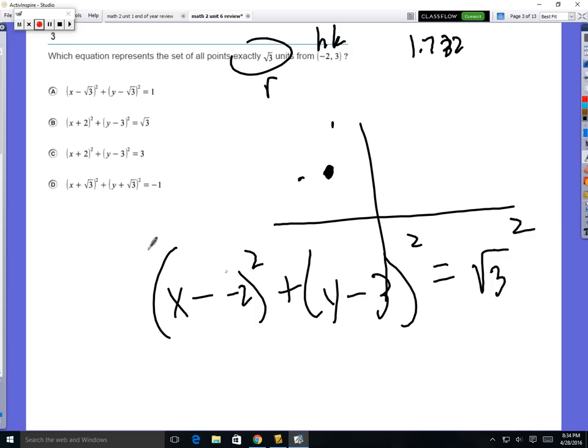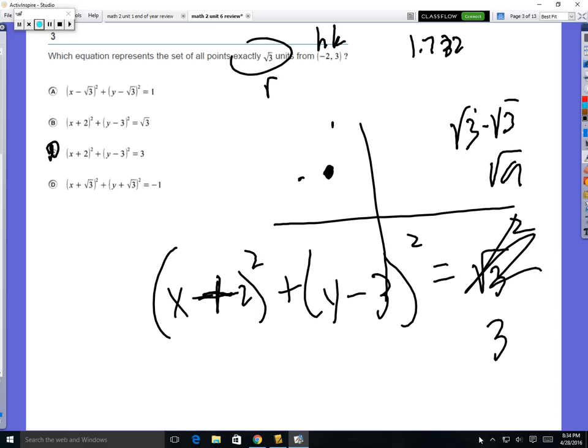So we're going to go with C, because minus minus should be a plus, and the square of the square root of 3 undoes the square root, so the square root of 3 times the square root of 3 is the square root of 9, and the square root of 9 is just 3.